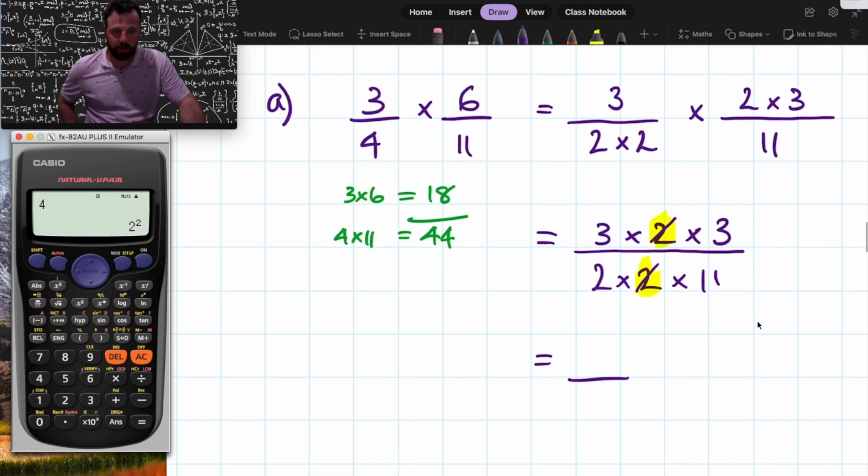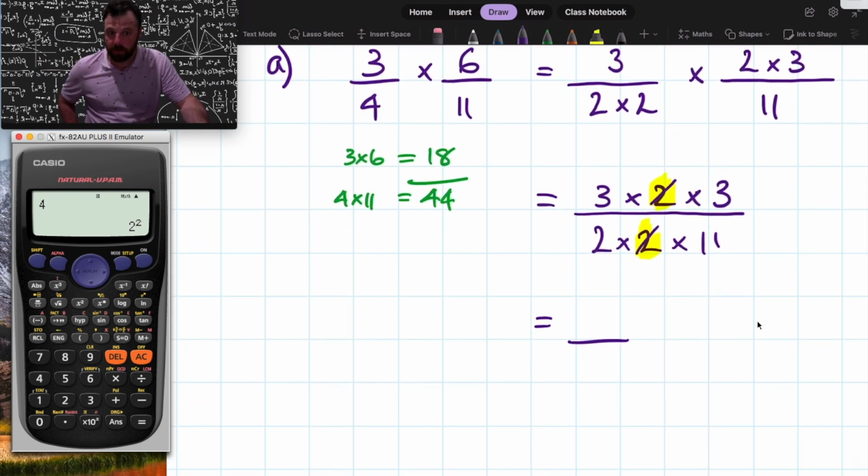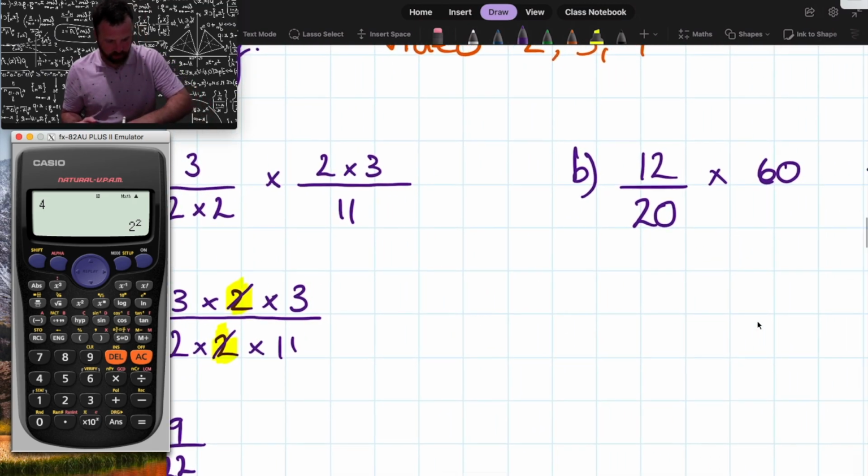What we're left with is 3 times 3, which is 9, and 2 times 11 is 22. Now we can see from 18 over 44 we can just halve it and get there, but this method is going to help us if the numbers aren't as easy to see or as straightforward.